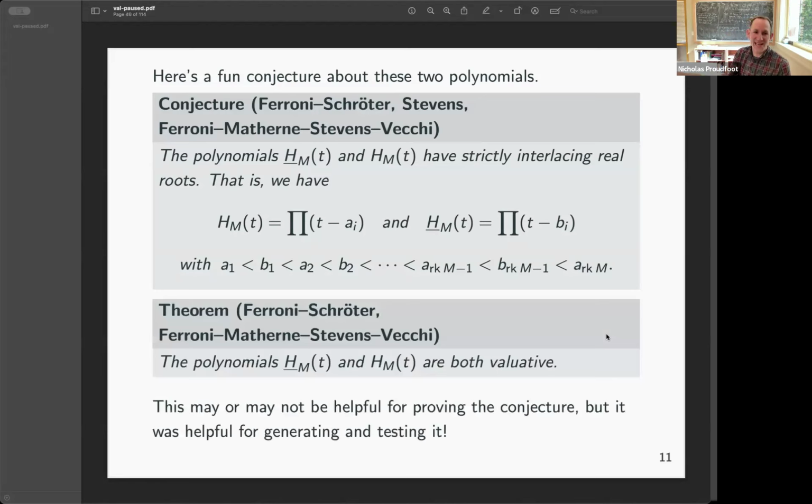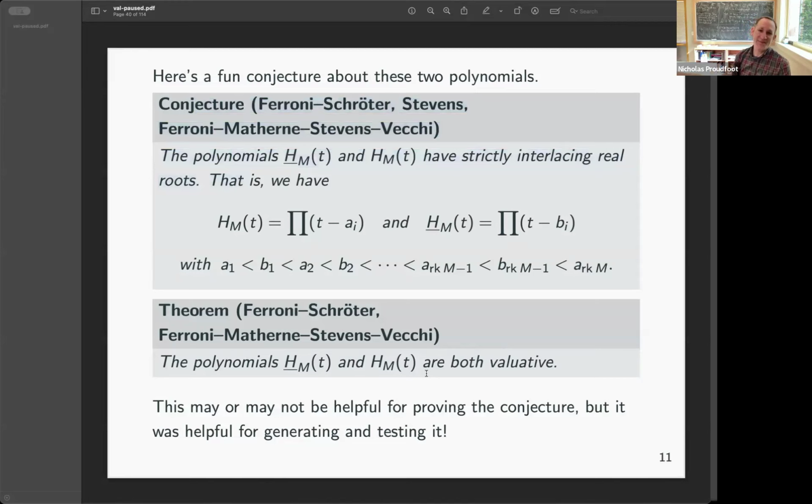But for now, let me just say that these polynomials are both known to be valuative. And just to make things clear, I'm not claiming that this theorem is going to help us prove this conjecture. But I am claiming that this theorem helped to formulate this conjecture. And the fact that these are valuative makes it easy to do a lot of calculations very quickly.